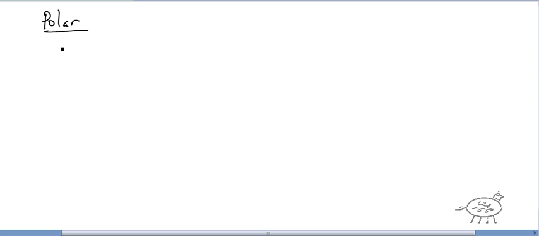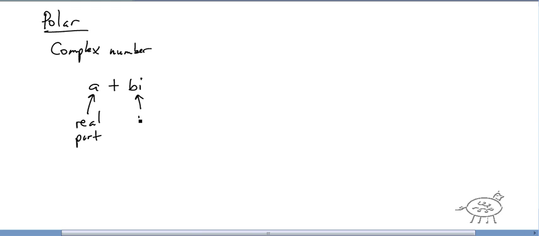So let's start out with a complex number. Okay, so a complex number has two parts. It has a real part. So this is a plus bi. This is your real part, and this is your imaginary part.